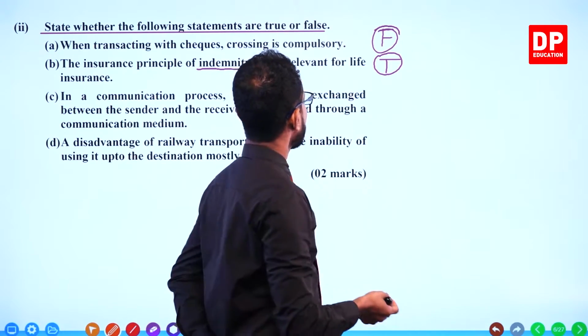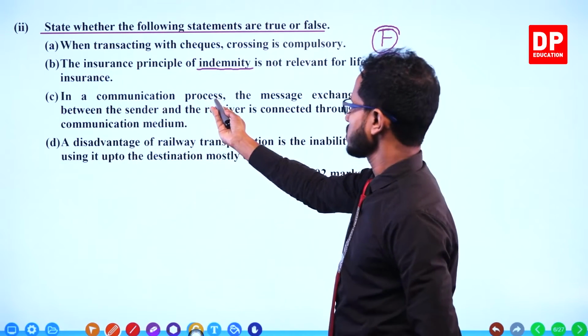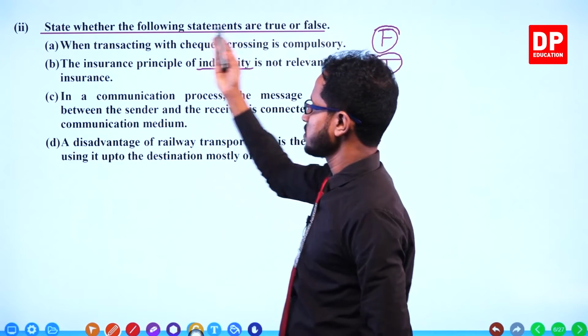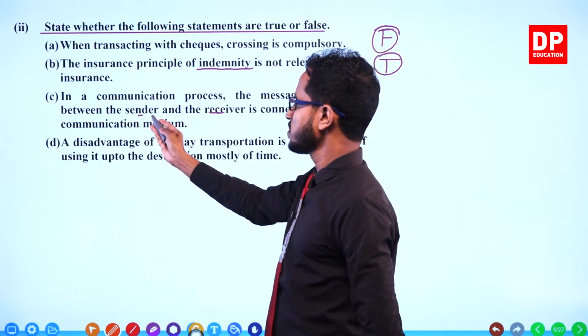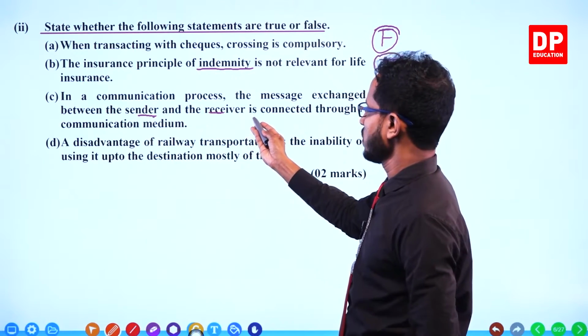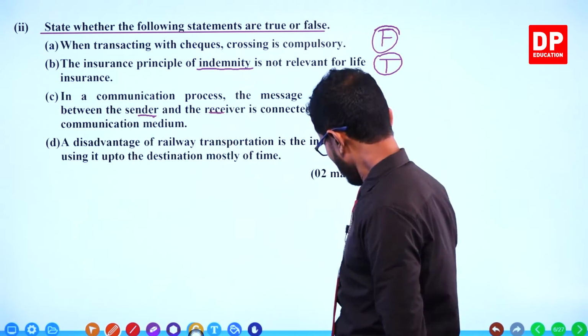Okay. Next, in a communication process, the message exchanged between the sender and the receiver is connected through a communication medium.